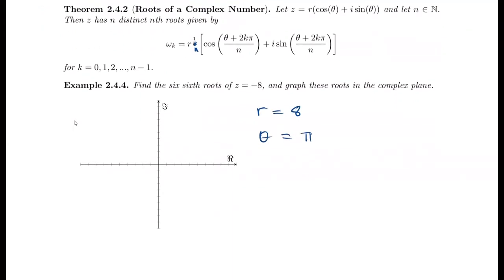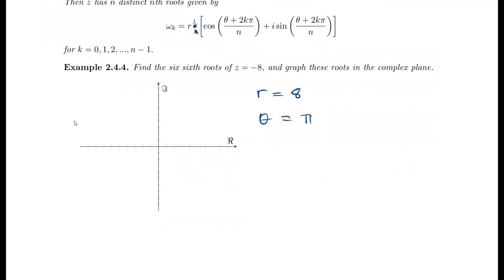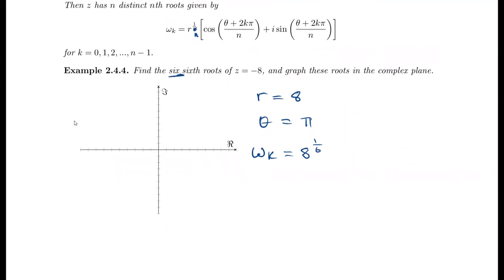So that means the roots of unity are given in the general form of wk, which is 8 to the power 1 over n, or 1 over 6, since we want the 6 roots of unity.